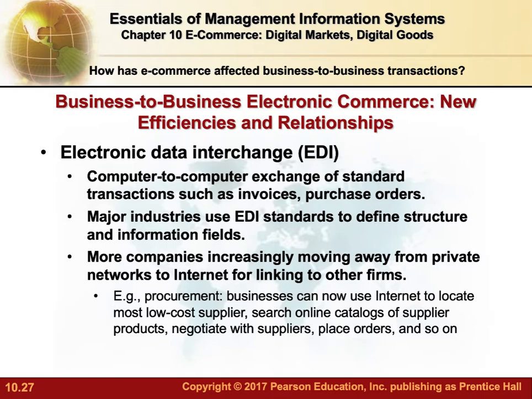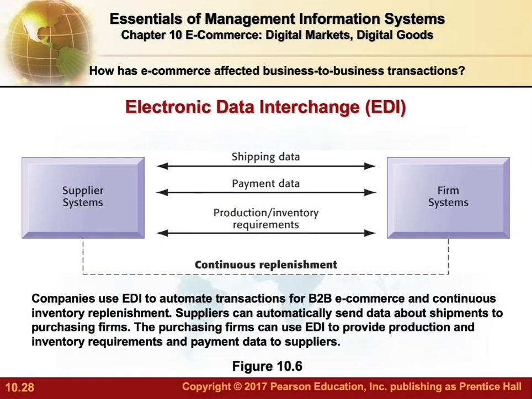Next take a look at the diagram here, where shipping data, payment data and inventory are fed back from each other in a loop, where usually both companies have already signed an agreement as the official authorized supplier for a certain product.